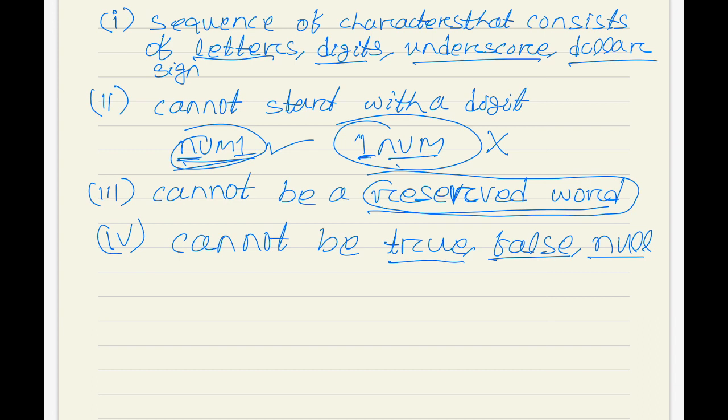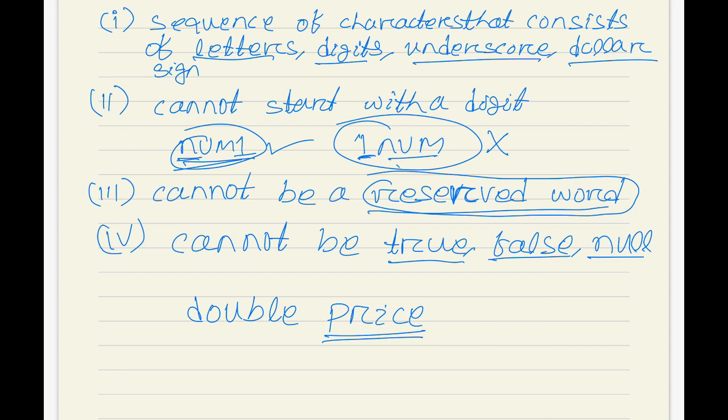Now if I write double price, it defines price is an identifier of type double. So now let us see whether price is a valid identifier or not. Does it follow rule 1, sequence of characters, price?